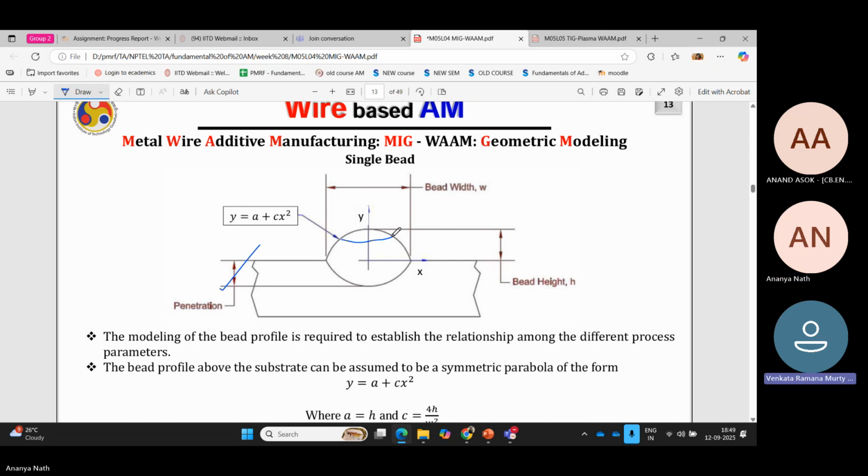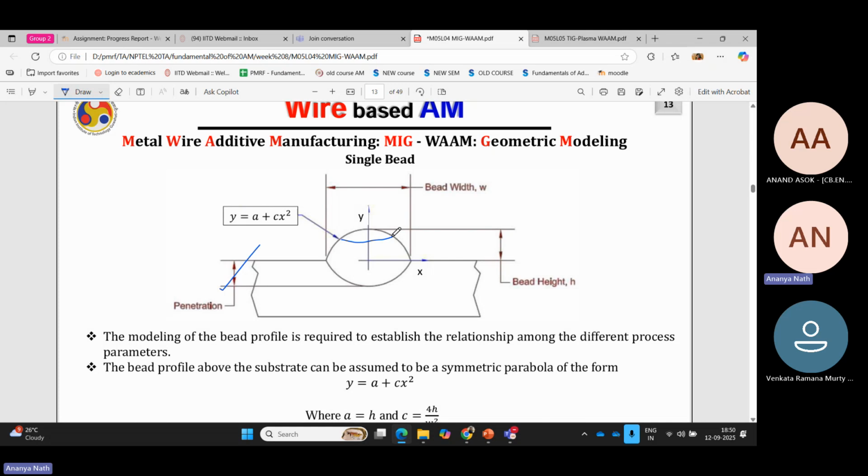Some sort of mixing may happen. Yes, mixing is important. Otherwise, how is your second layer going to be bonded with the first layer? So that is the reason. In case of the polymer, second layer, will it overlap this bead also?